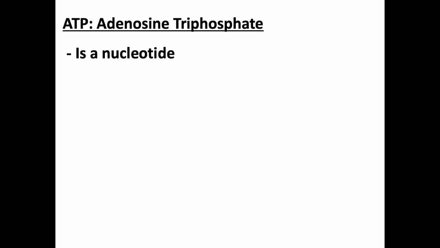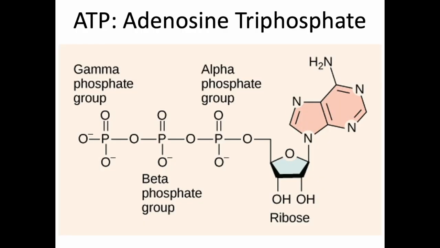ATP has a very convenient couple of chemical bonds. So, as I said near the beginning of this chapter, chemical bonds store energy. Breaking chemical bonds releases energy. So technically, any chemical bond is a source of potential chemical energy. But, as it turns out, this bond right here, connecting this phosphate to this phosphate.